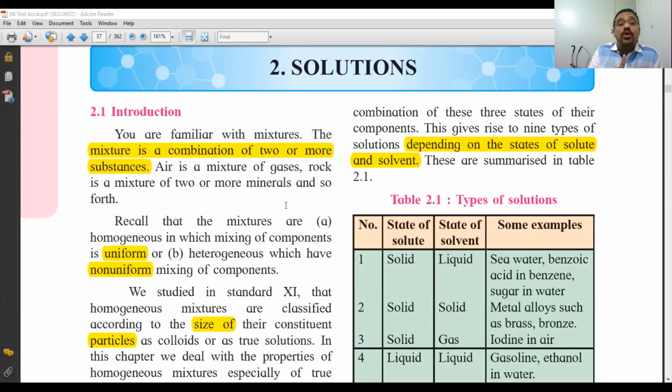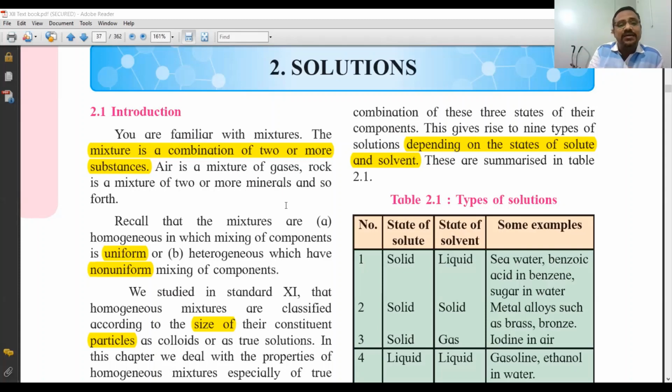What are the basic qualities of a homogeneous mixture? They should form uniform mixing. They should always form one phase and they look transparent. So these are the three basic qualities of the homogeneous mixture.